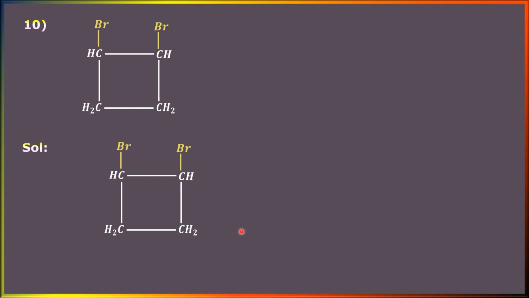We have to number the ring in such a way that the carbon atoms attached to the substituents get the lowest numbers possible. So I am numbering starting from here in a clockwise direction, or you can number the ring starting from this carbon atom in an anti-clockwise direction also.